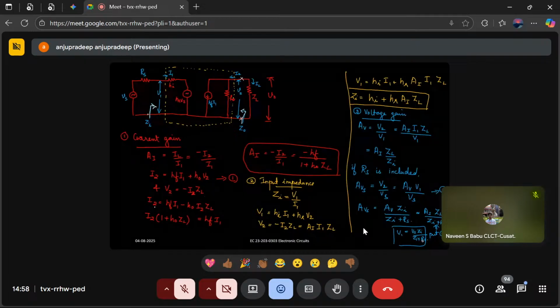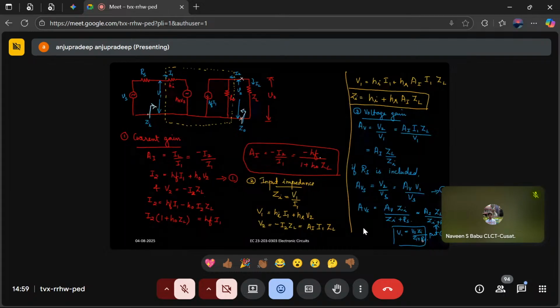So I'll get I2 is equal to HF I1 minus HO I2 ZL. So you group the terms, coefficients of I2, you will get I2 into 1 plus HO ZL is equal to HF I1. So what is AI? AI, current gain, is equal to minus I2 divided by I1, is equal to minus HF divided by 1 plus HO into ZL.